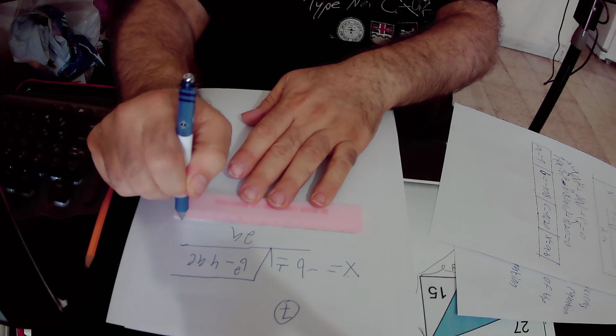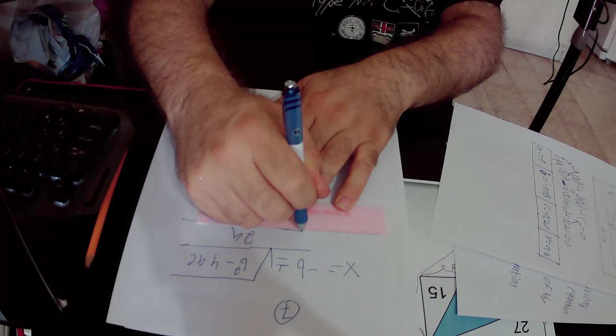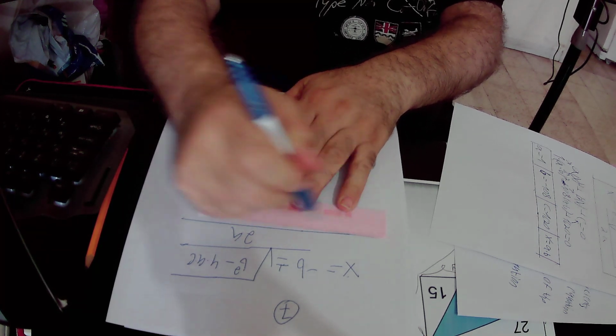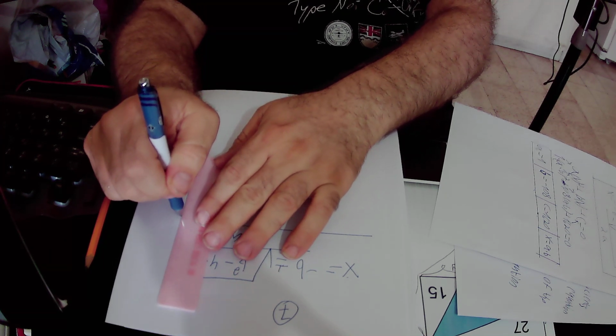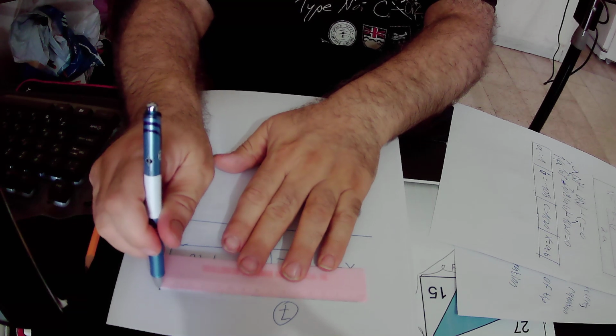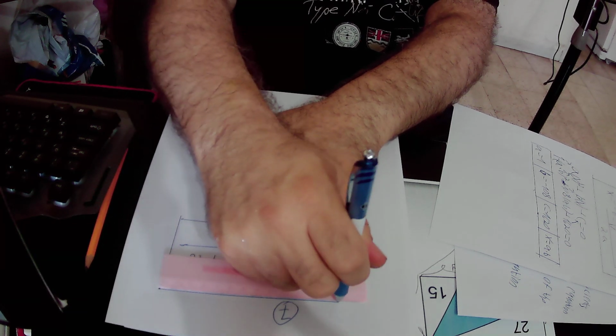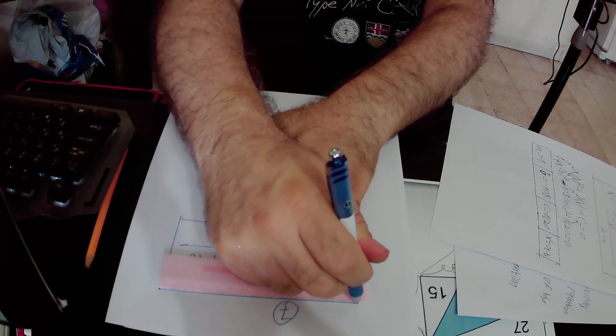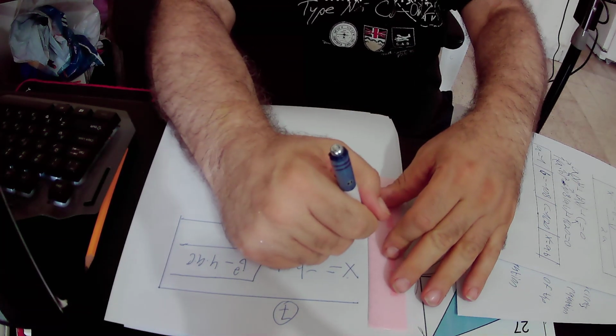Okay. This is the general equation in order to find the variable x in any quadratic equation.